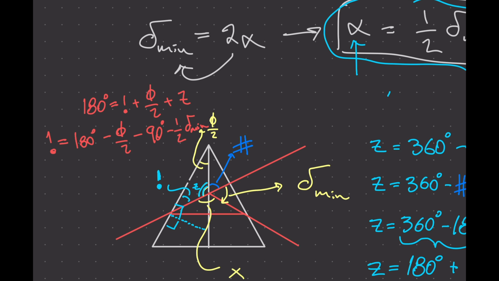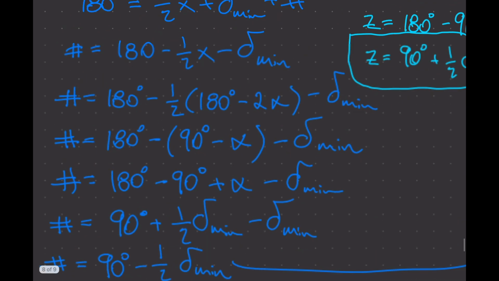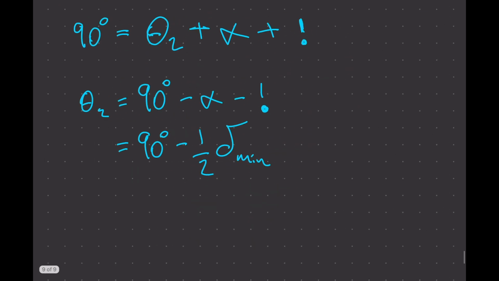So it is getting a bit cramped over here, but no stress. We're going to simplify it right now. We got 180 minus 90 will give us just 90 degrees. Keep that phi over 2 with the negative sign, and keep that delta min over 2. I changed the notation here a little bit. So we have an expression for exclamation point, and I'll just replace it over here in the following line.